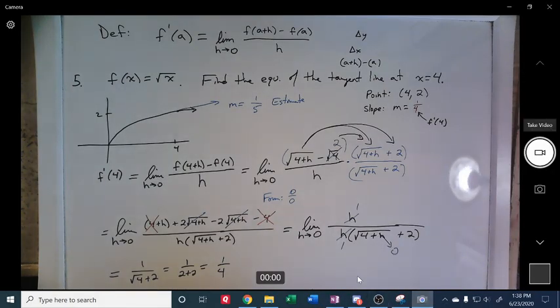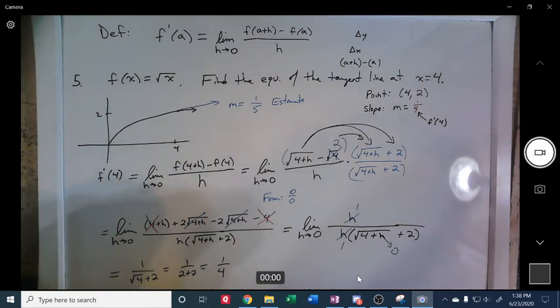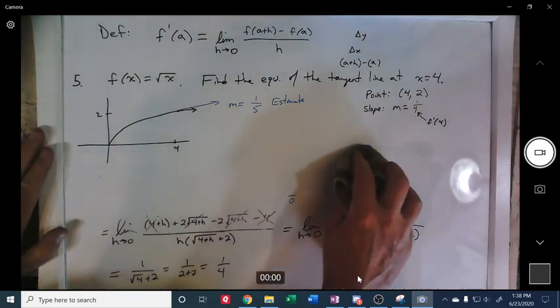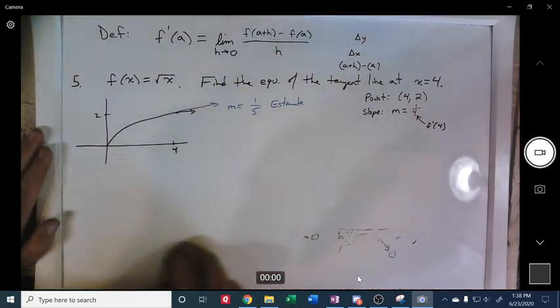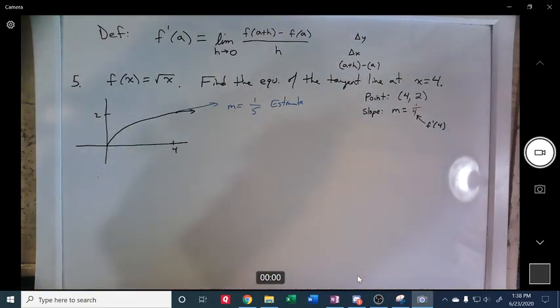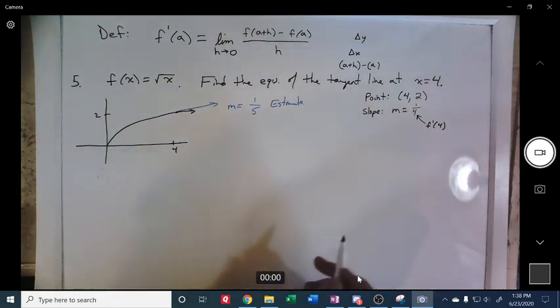We come back over here, and I'm going to need some space, so let me erase from here on down. So I have a point and a slope.